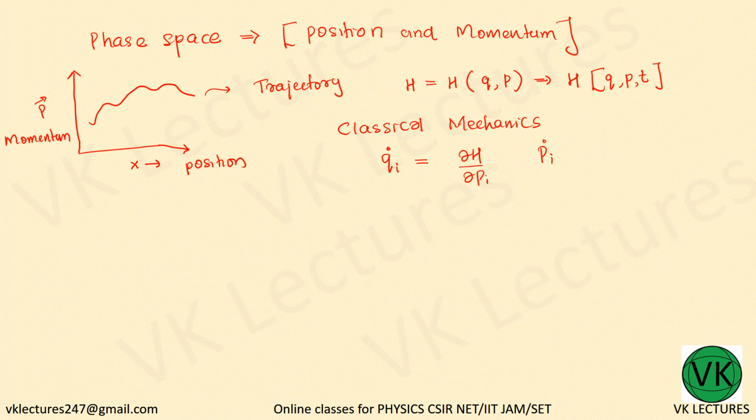Pi is momentum, its time derivative is pi dot, so time derivative of momentum is force. That's given by minus dou H by dou qi. Here qi is a function of time, and pi is again a function of time.